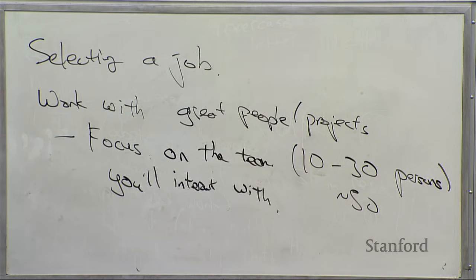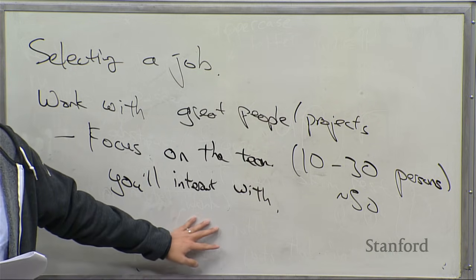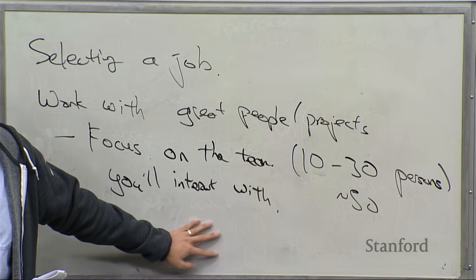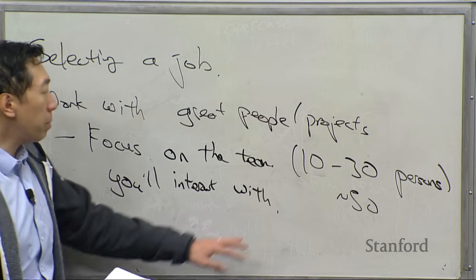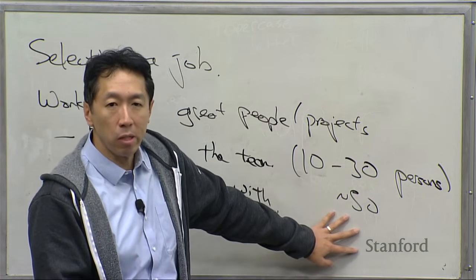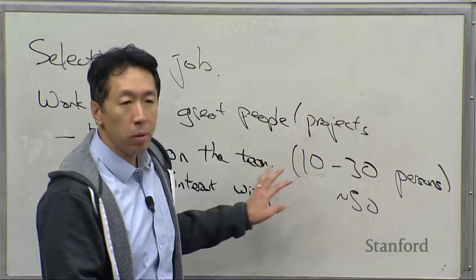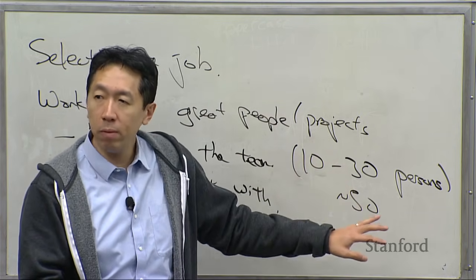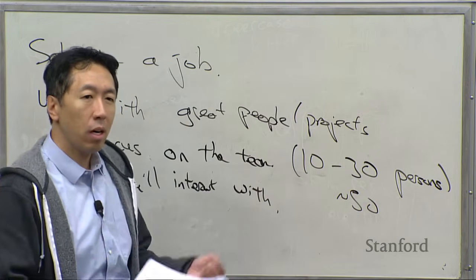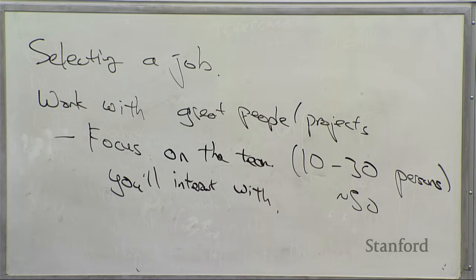There will be some group of people that you interact with quite closely, and these will be your peers and the people who influence you the most. If you join a company with 10,000 people, you will not interact with all 10,000. There will be a core of 10 or 30 or 50 people you interact with the most. It's those people, how much they know, how much they can teach you, how hardworking they are, whether they're learning themselves, that will influence you the most, rather than all the other hypothetical 10,000 people in a giant company.